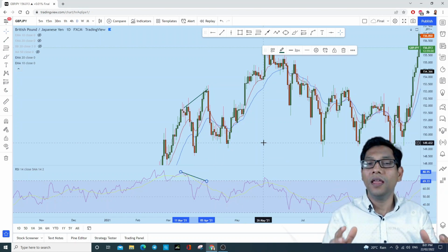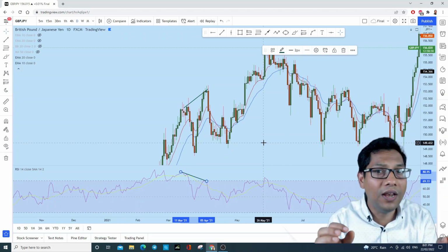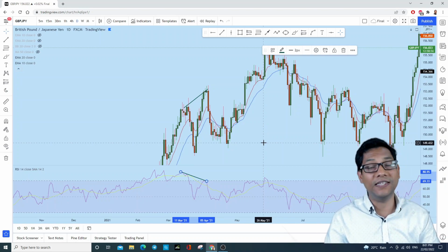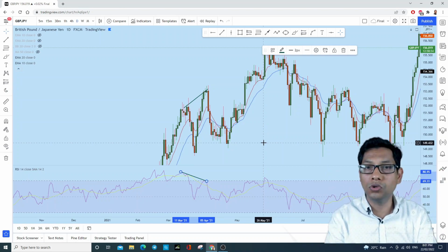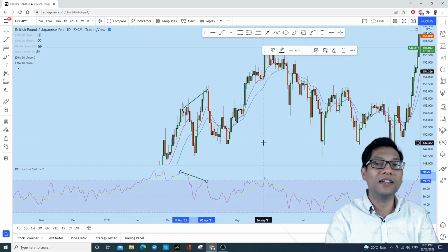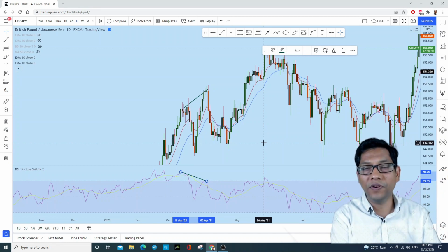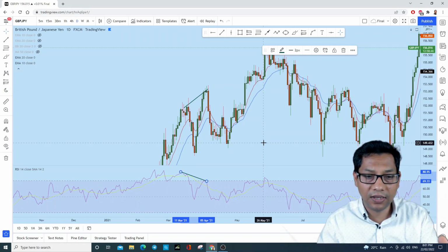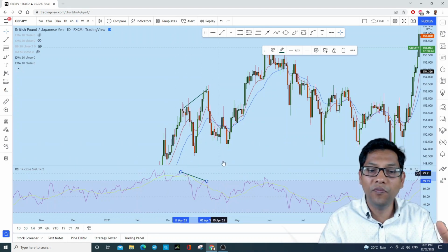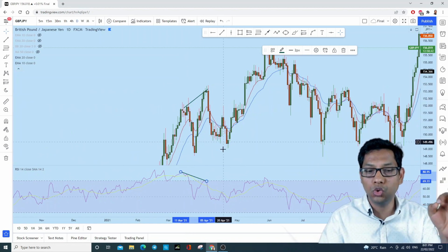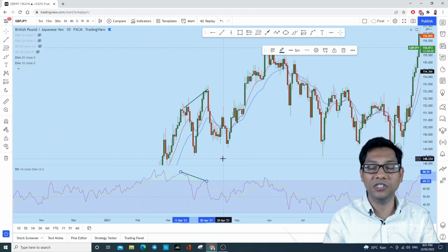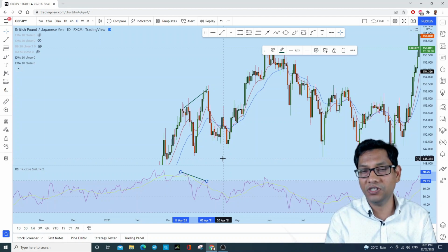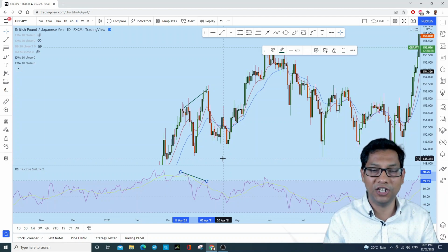Now why have we taken only this divergence? As I explained before, we will consider only when the RSI indicator is in oversold or overbought condition. As this condition is fulfilled only in this zone, we have considered this as a valid divergence according to our strategy.